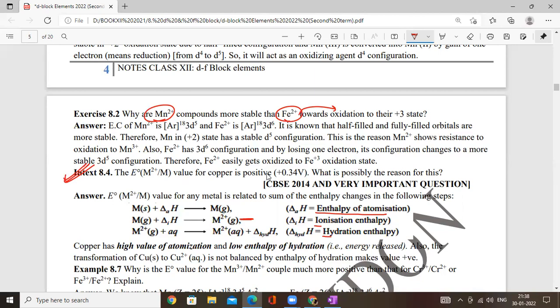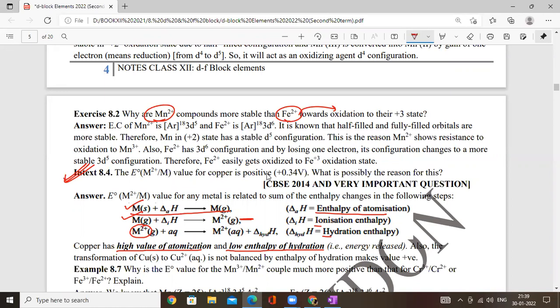But as I said, since I have written here, copper has a high value of atomization. यहां ये भी बहुत हाई होती है. Low enthalpy of hydration. Also, the transformation of copper to copper 2 plus is not balanced by enthalpy of hydration, which makes the value positive. मैंने बोला ये भी बहुत डिफिकल्ट प्रोसेस है, ये भी बहुत डिफिकल्ट है. बट M2 पॉजिटिव जैसे ही हाइड्रेशन या हाइड्रेटेड होता है, huge amount of energy is released. बट द पॉइंट हियर इज the transformation is not balanced by the enthalpy of hydration.